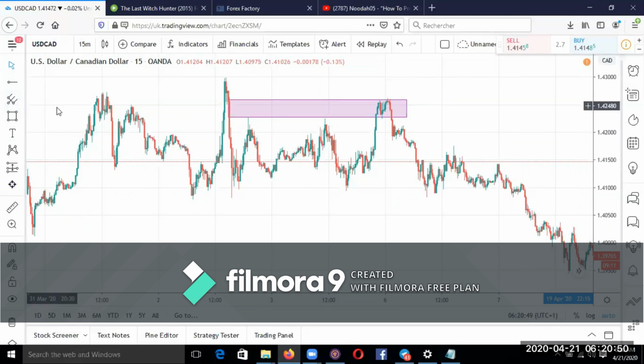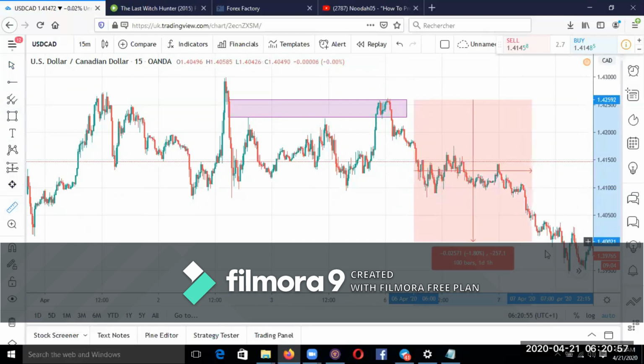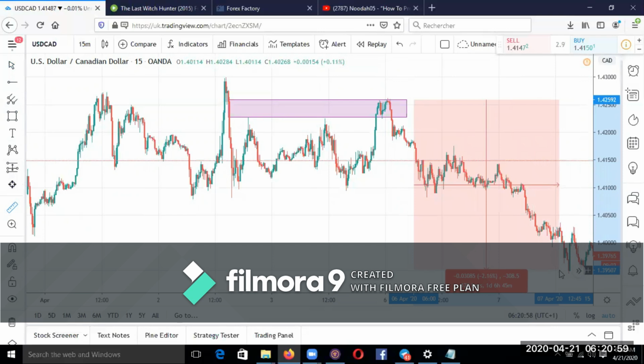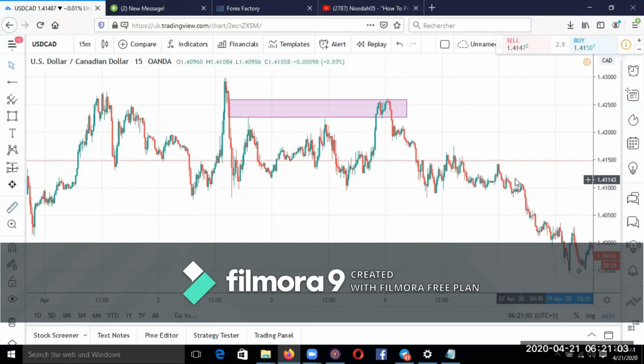You can make good money trading just off fair value gap. Ladies and gentlemen, beautiful people, watch this. After filling the fair value gap, it dropped 312 pips. It's not small money. You can make mad money out of that with a standard or mini lot size.